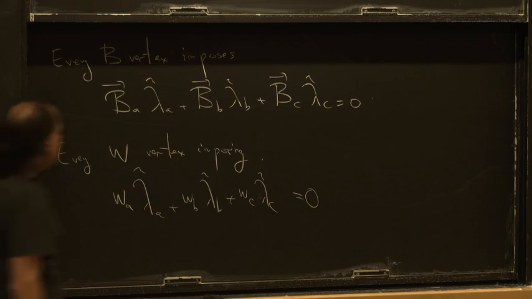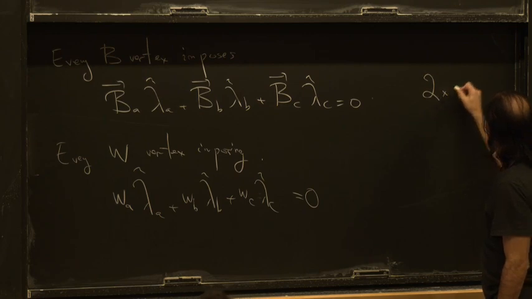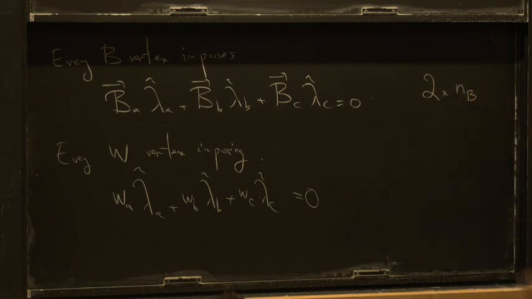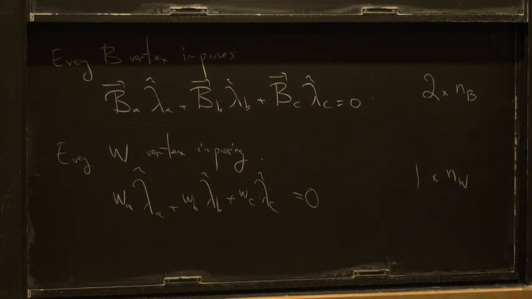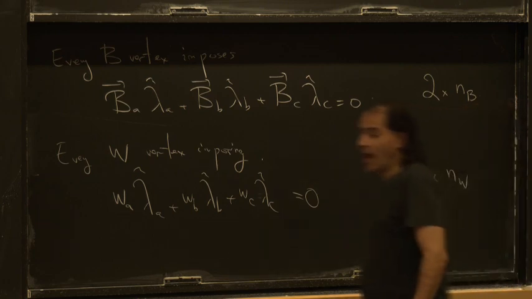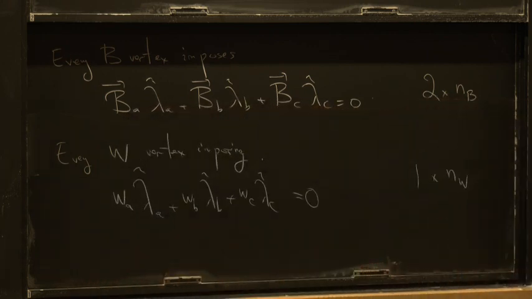Okay, so as constraints on all the lambdas go, this is 2 times the number of black vertex constraints. This is 1 times the number of white vertex constraints. Okay, so that's the number of delta functions that we have. But we're going to integrate over all the intermediate lambda tildes, let's say. So just as far as the lambda tildes go, how many constraints are we going to end up having on the external lambda tildes?